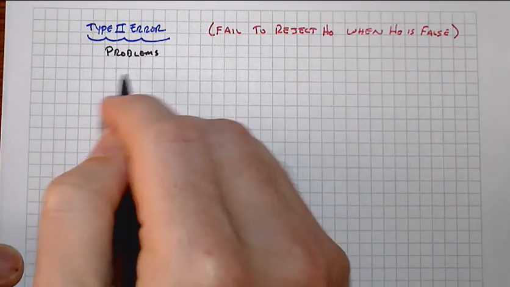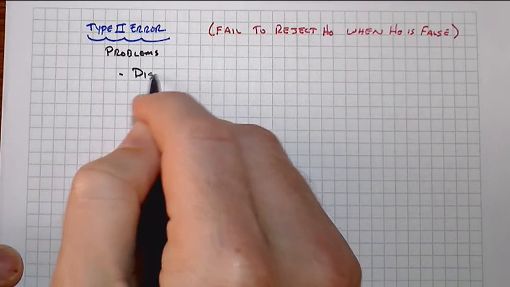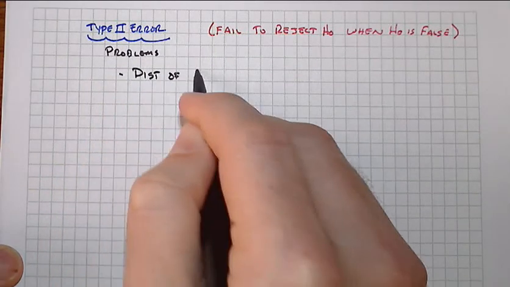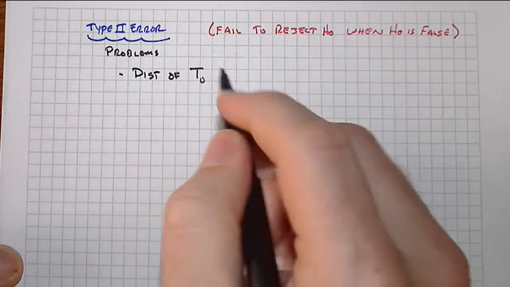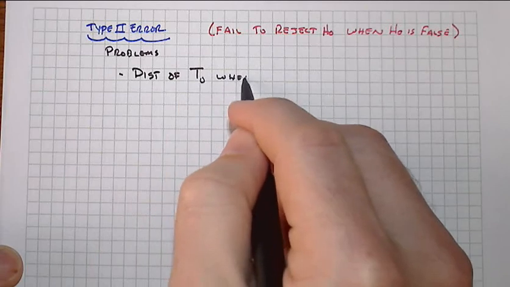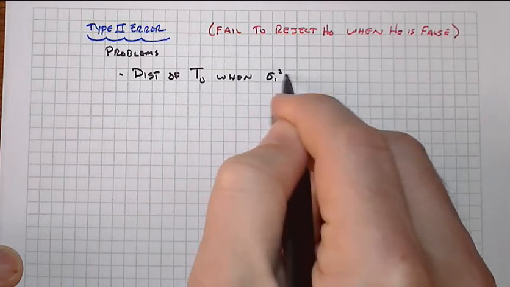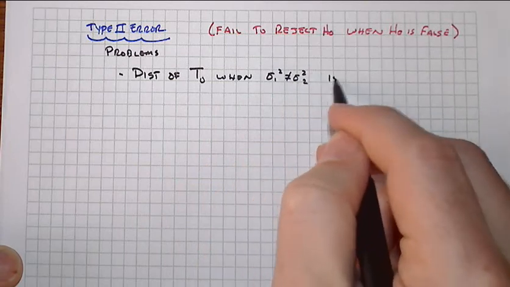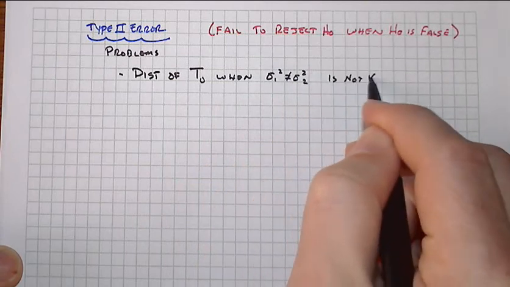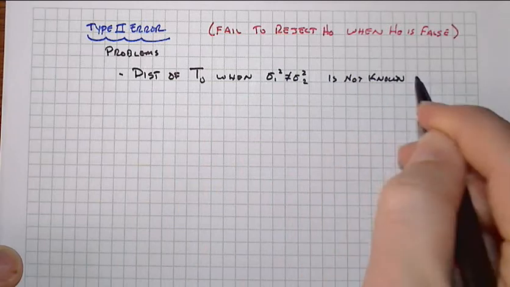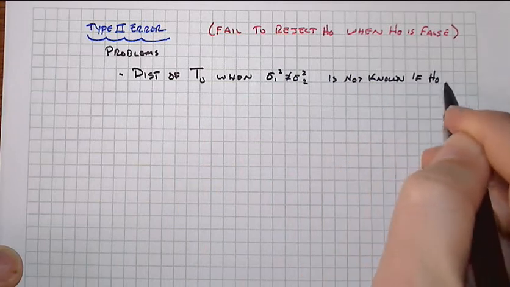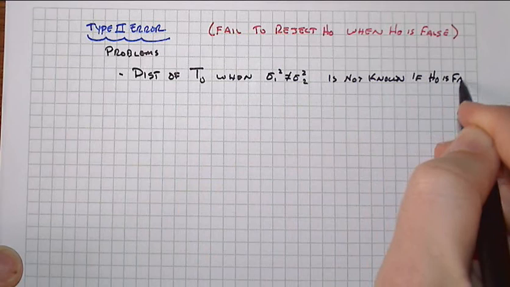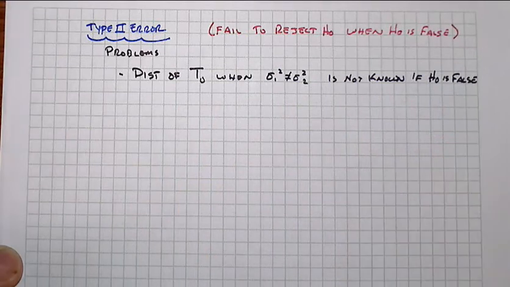Right? And one of the big ones here is that the distribution of our test statistic when our variances aren't the same is not known if the null hypothesis is false. That's a crucial one for us.